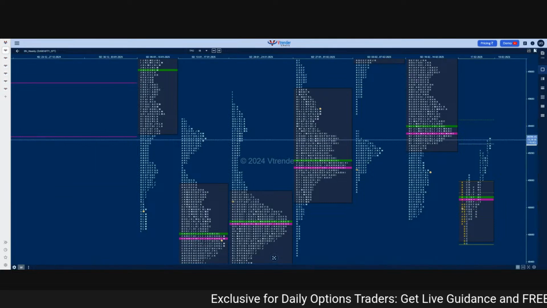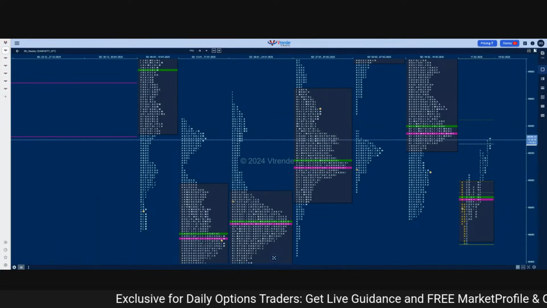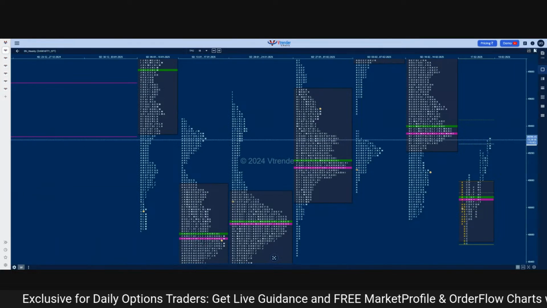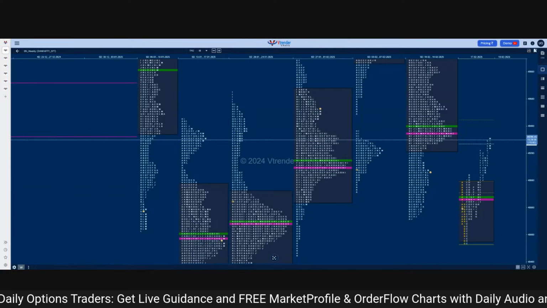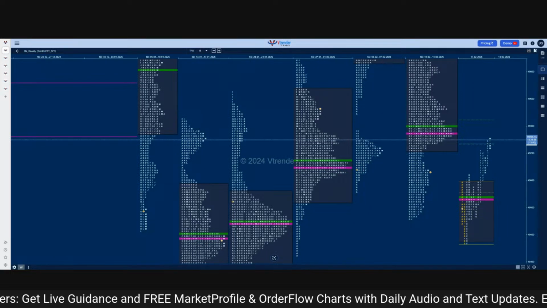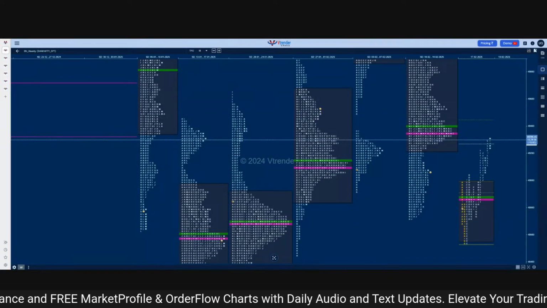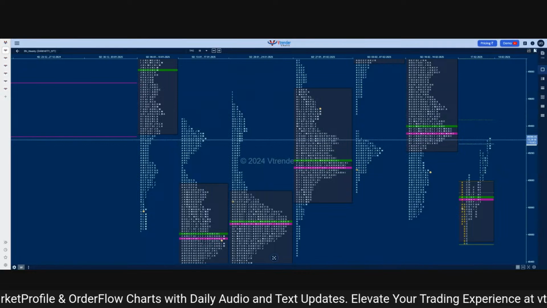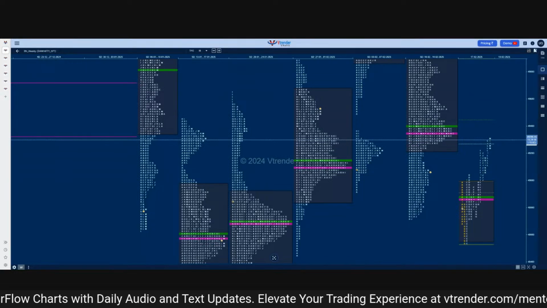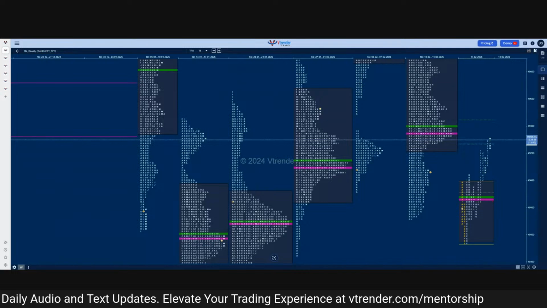Now a quick review of the questions which have come in. Shiva had a question about buying tails and selling tails. As has already been answered, a tail is a zone of single TPOs, and the initiative buying or initiative selling tail happens when it comes in the initial balance, the first hour of the day.